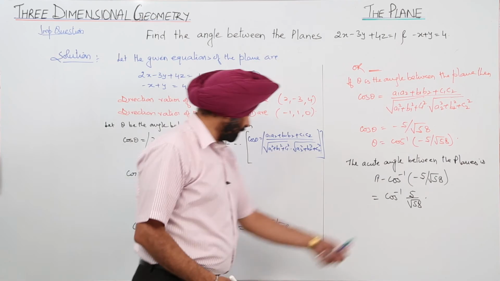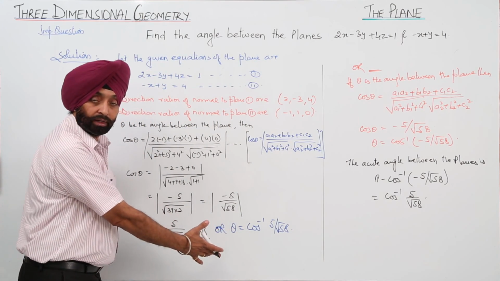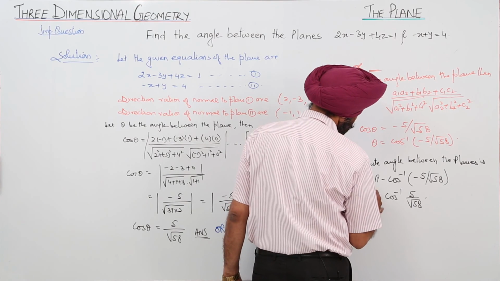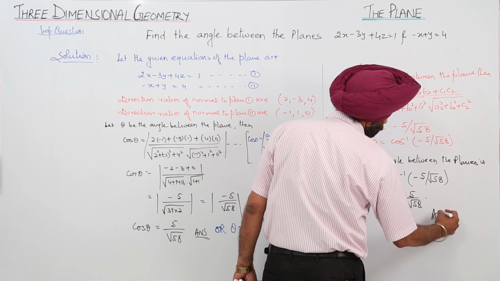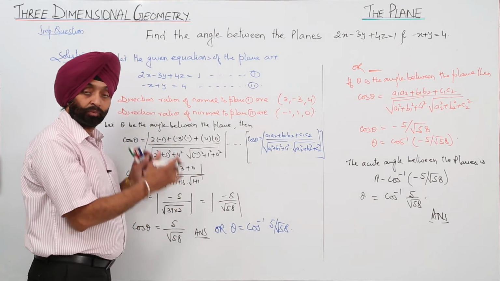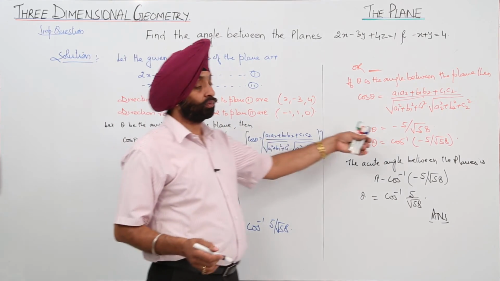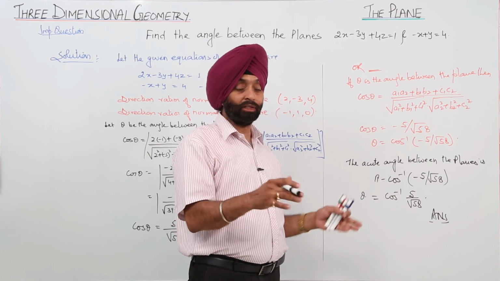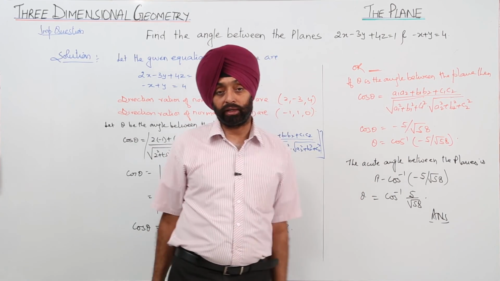So this part and this part are one and the same thing. So either you can go for this part or you can go for this part. If you are getting a negative angle, then you have to proceed like this. Acute angle means subtracting from 180.